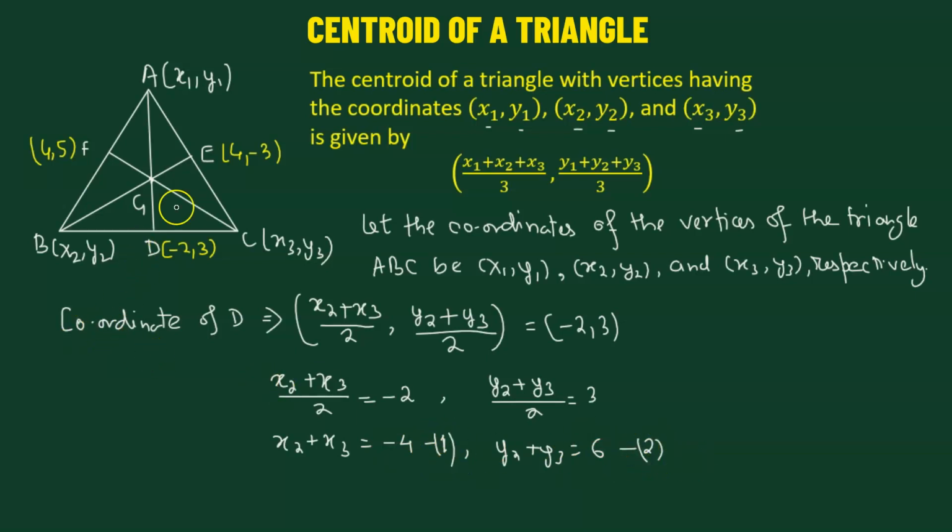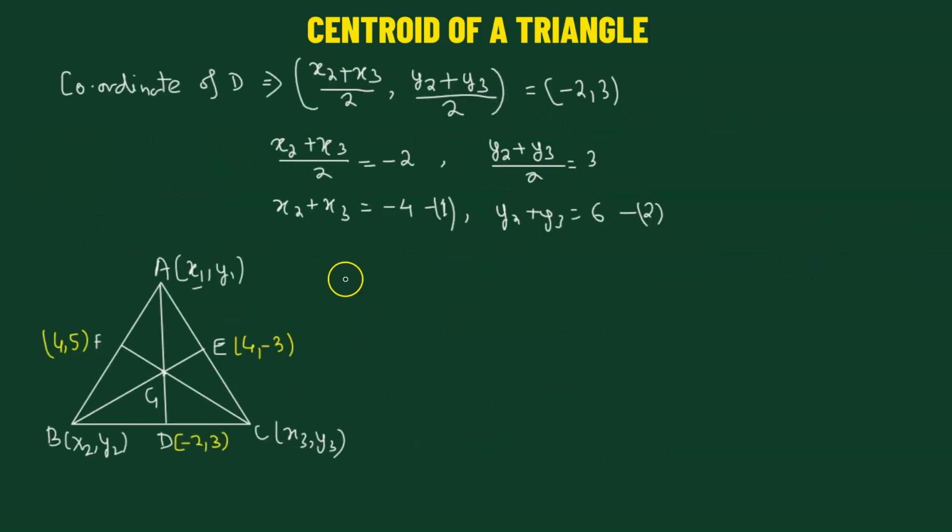Similarly, we can also define the coordinate of point E. All we have to do is consider the coordinate points A and C, and that is going to help us find out the coordinate of midpoint E. So that's simply given by (x1 plus x3) divided by 2, and the y coordinate will be (y1 plus y3) divided by 2.